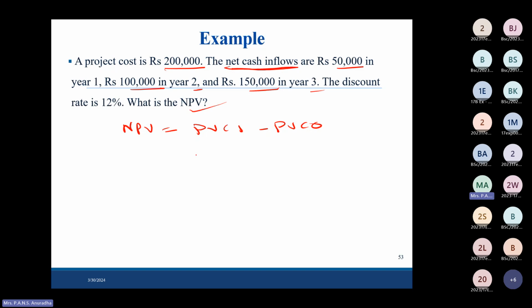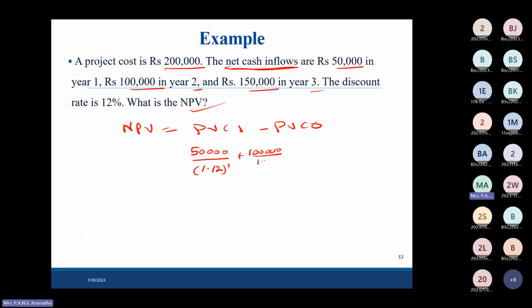So you have to calculate the present value of the cash inflow. You know that 50,000 is the expected cash flow in year 1. In order to calculate its present value, you have to discount this by 1 year. So the rate is 12% discounted by 1 year, plus in year 2 you expect 100,000.